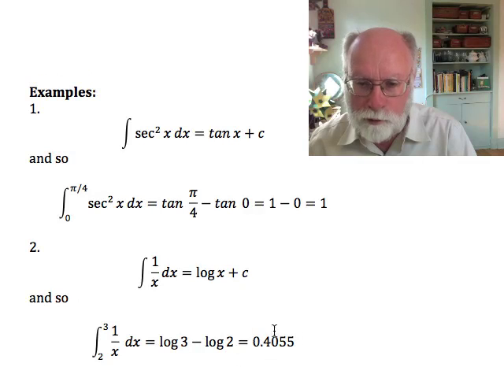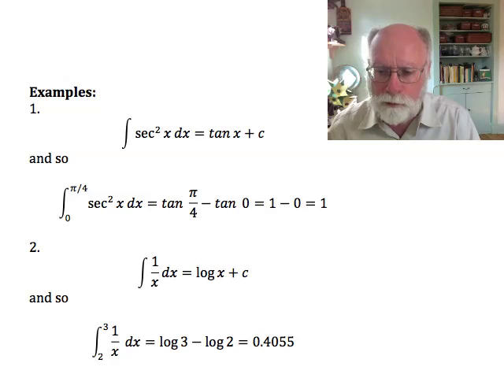And if you use your calculator, you get 0.4055 as the value for this definite integral. So definite integrals evaluate to numbers, indefinite integrals evaluate to functions plus a constant.